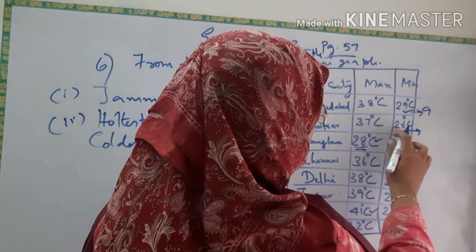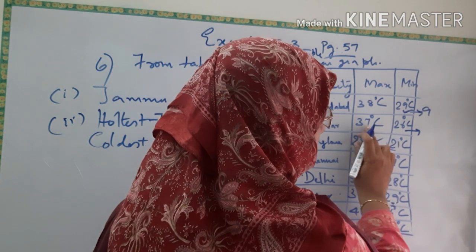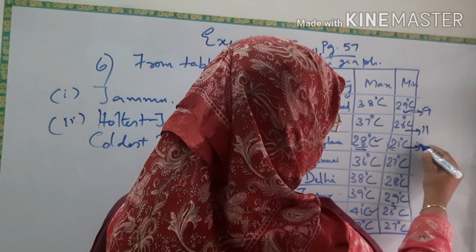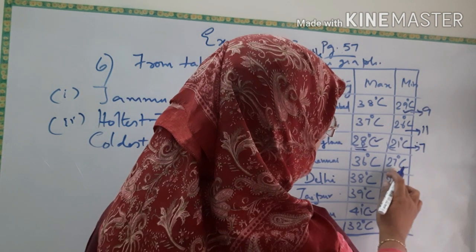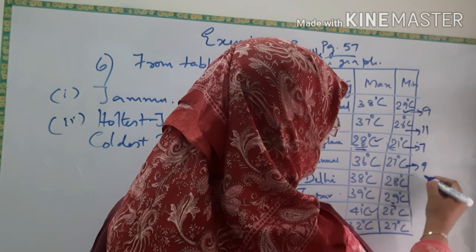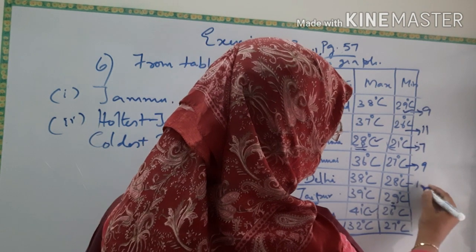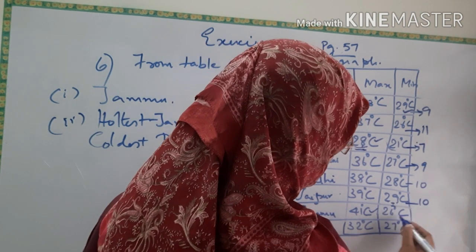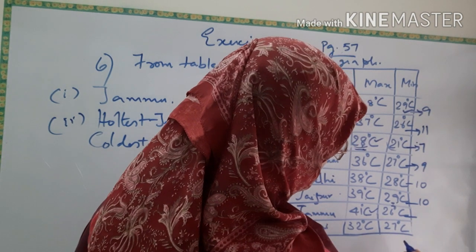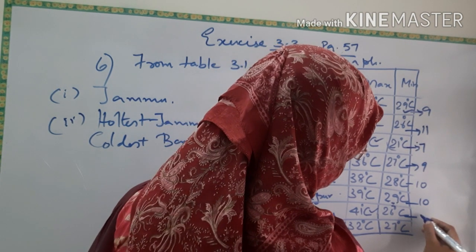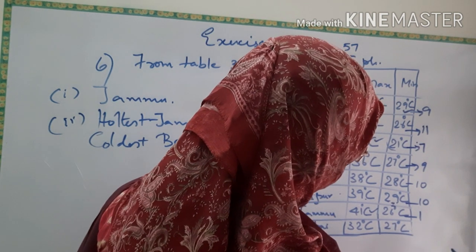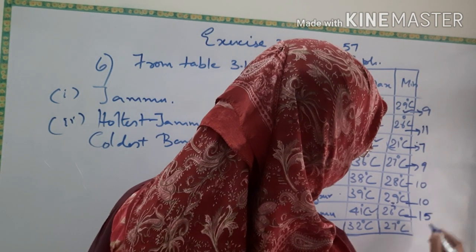And here 26 and 37, 11. 21 and 28, that is 7. 36 and 27, that is 9 degrees. Then 38 and 28, 10 degrees. 39 and 29, again 10. 41 and 26, what is the difference there? 15 degrees.